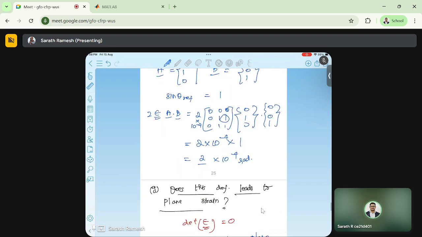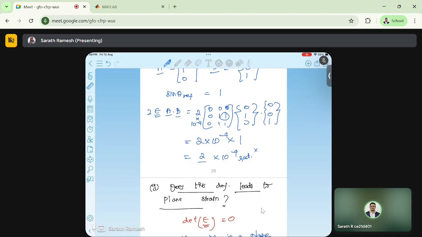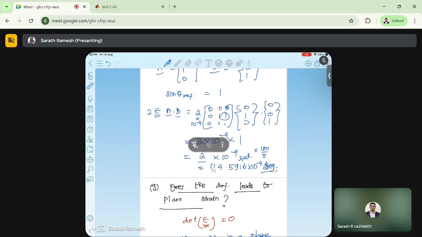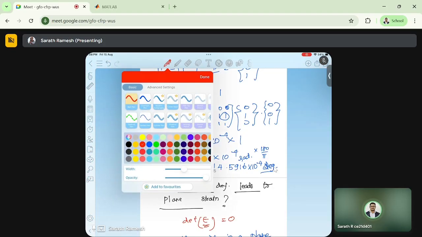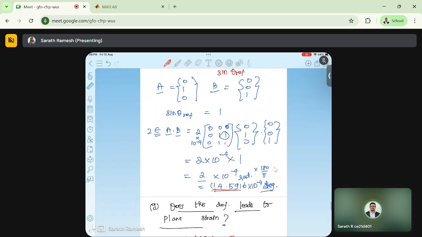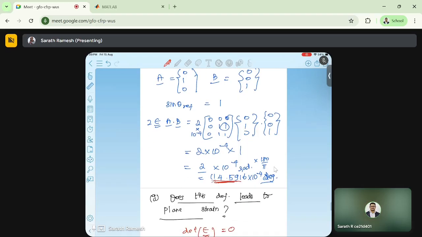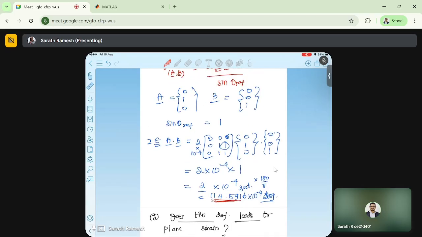So you just multiply by 180 by pi, and we'll get 114.5916 into 10 power minus 4 degrees. Please make a note: the final answer has to be in degrees. The formula and calculator will give us radians, so we have to convert radians into degrees. Here I forgot to tell you. Sorry for that.